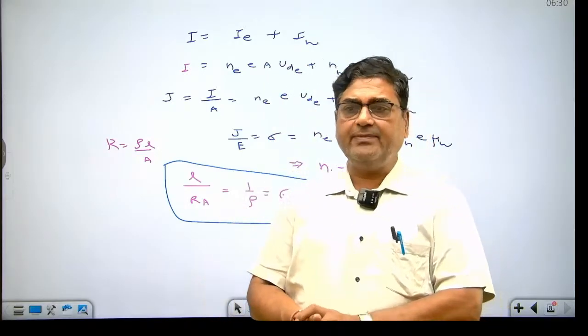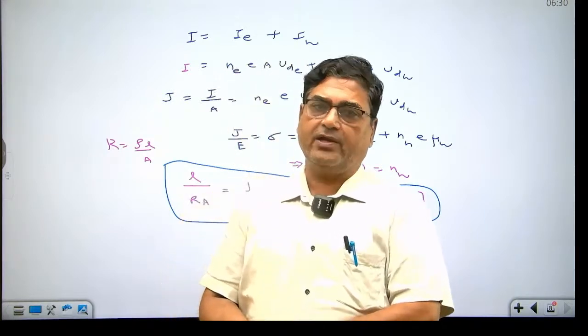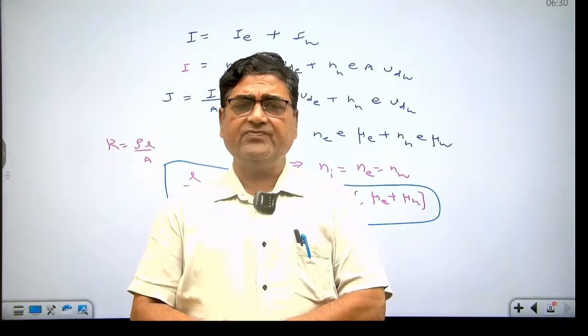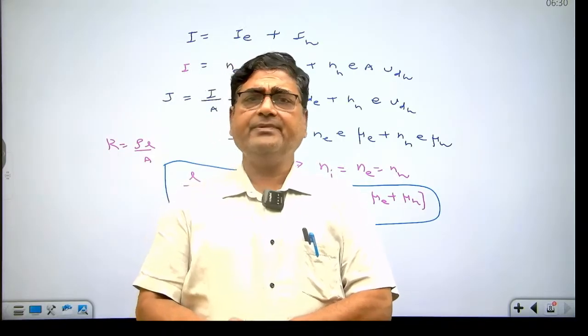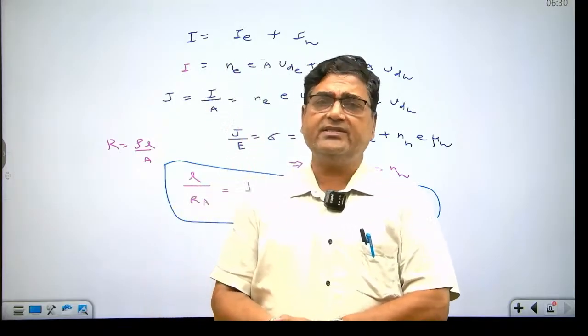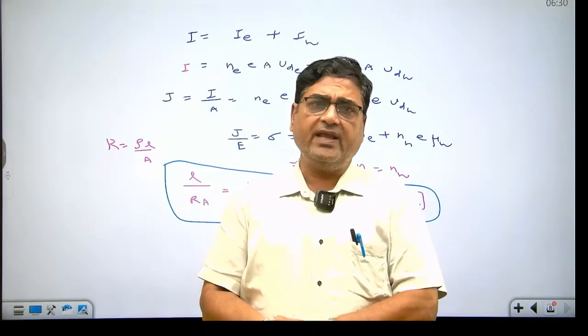Dear student, N-type semiconductor is formed when pentavalent donor impurity is doped in controlled manner. And how is the P-type semiconductor crystal formed? P-type semiconductor crystal is formed when trivalent impurity is doped in intrinsic semiconductor. Okay, trivalent impurity is also called acceptor impurity.